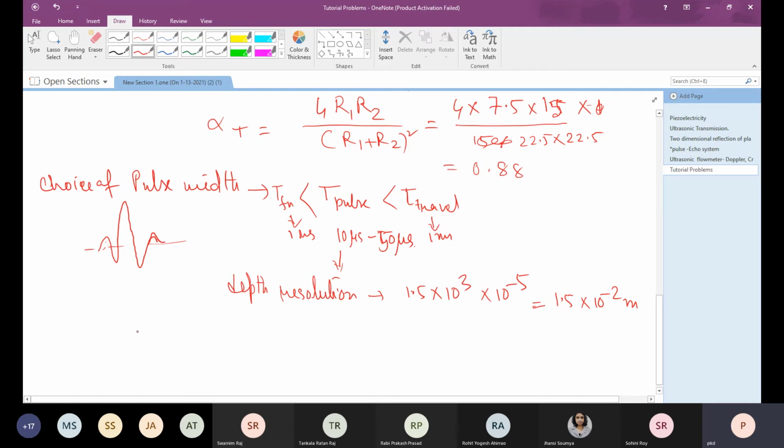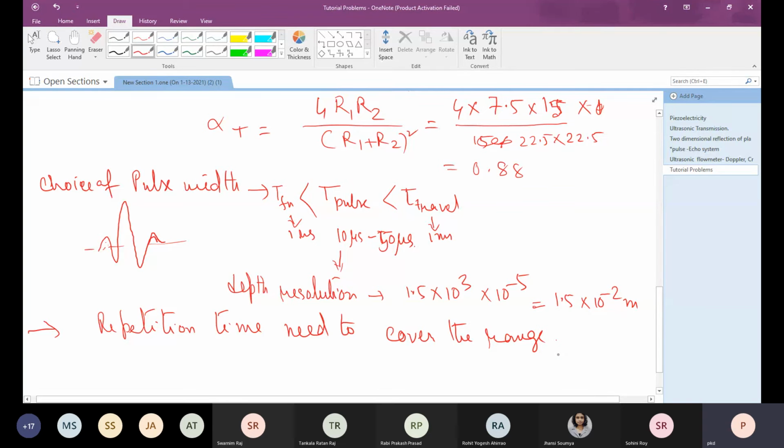Repetition time, that means successive measurement, we have to cover the range. Suppose the range is not given, so like here it is 0.75.